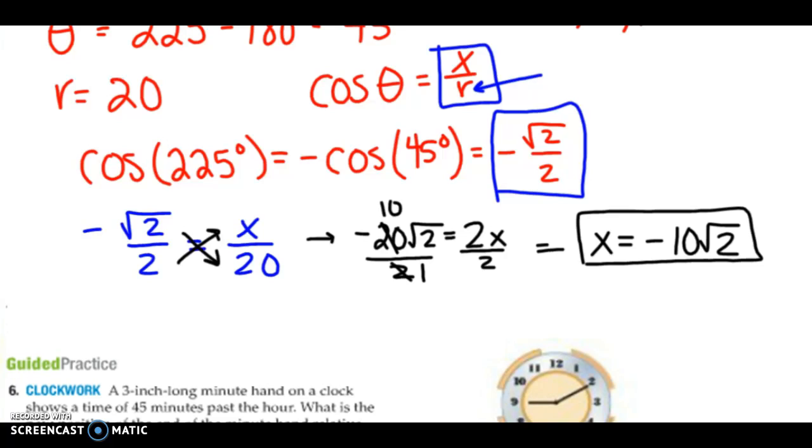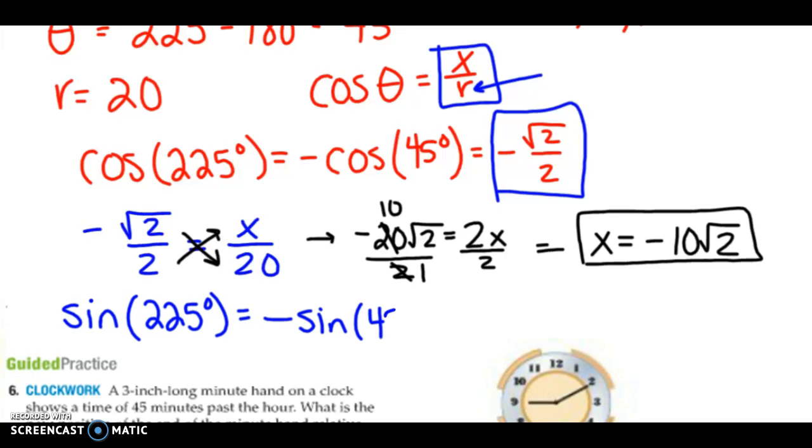Now for the y coordinate, I'm going to use my sine. So remember, the sine value of 225 degrees is equal to the negative sine value of 45 degrees, which is equal to, again, negative square root of 2 over 2.